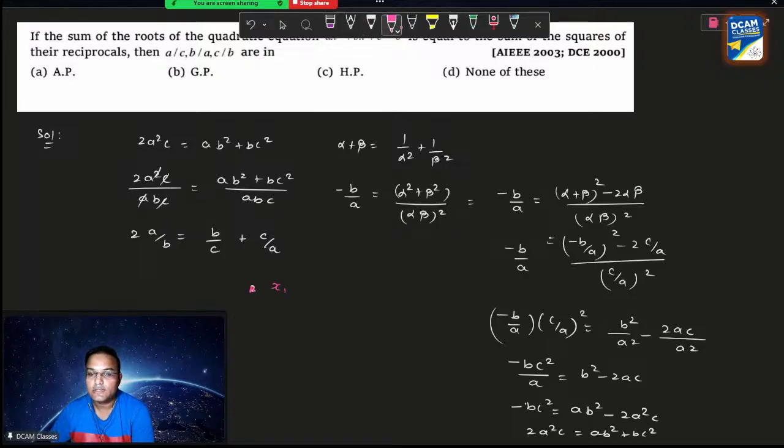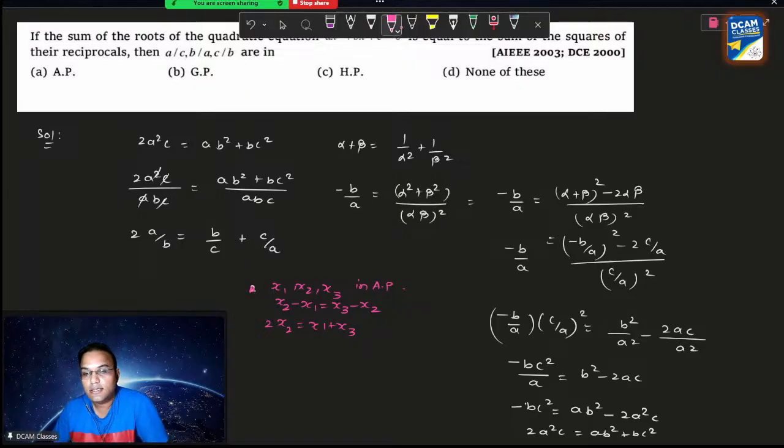If x1, x2, x3 are in AP, then the condition is 2x2 is equal to x1 plus x3. How do we get it? Because there is a basic definition in arithmetic progression that I'm going to tell you in the next class: the common difference is the same. By now, most of you will be knowing it. So you will get this one.